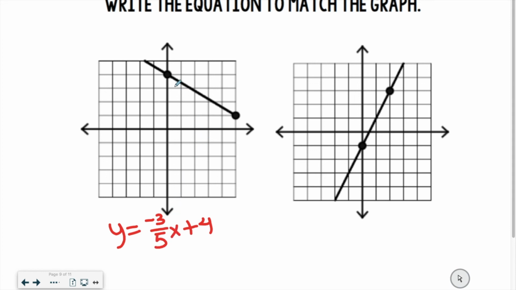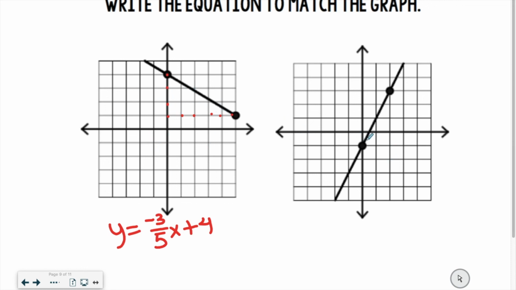And you're done. So from this point, which is your y-intercept, you're going down 1, 2, 3 to get to this row. And that's where we got -3. And then you're going to go over 5 to get to the other point. 1, 2, 3, 4, 5. So 5 is your run. So -3/5 x plus 4 is the equation for this line.